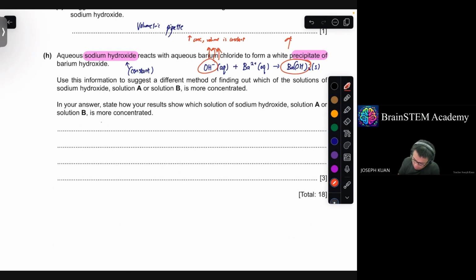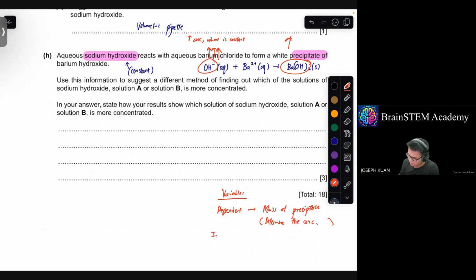Right, so let's start with, as usual, planning experiments. Make sure you know your variables. The dependent variable here, as we mentioned, is the mass of precipitate formed, which allows us to determine the concentration, which is the conclusion of the experiment.